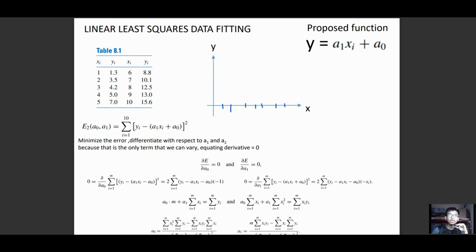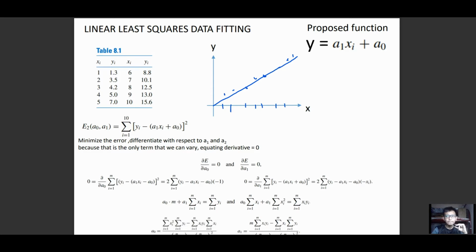I just randomly put the data, plotting the data based on this table 8.1. So let's say we want to fit it with what we call a straight line, a polynomial of degree 1. Of course, if we draw the graph, it will produce a straight line.